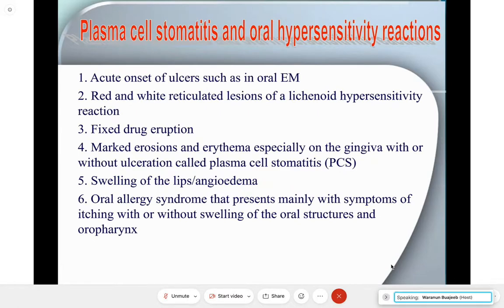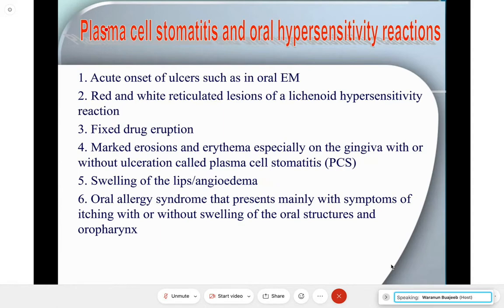Now, let's move to the next one, plasma cell stomatitis and oral hypersensitivity reactions. This is like an acute reaction, so let's talk about the antigen-antibody reaction first.